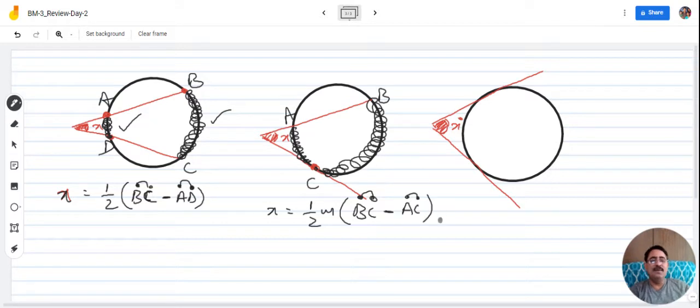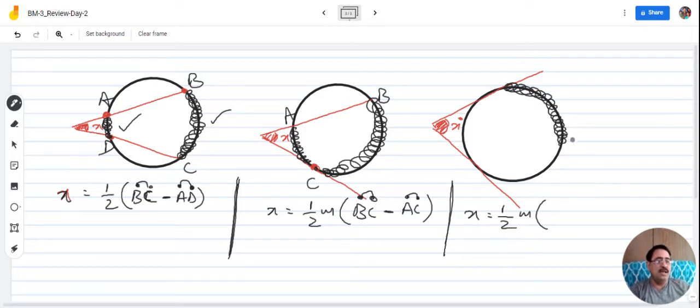So simply, instead of remembering BC, AD, AC, and so on, I personally recommend you remember: if the line segments, let it be tangents or secants, are intersecting outside the circle, then you have to subtract. While subtracting, the smaller value can be subtracted from a higher value, but a higher value cannot be subtracted from a smaller value.